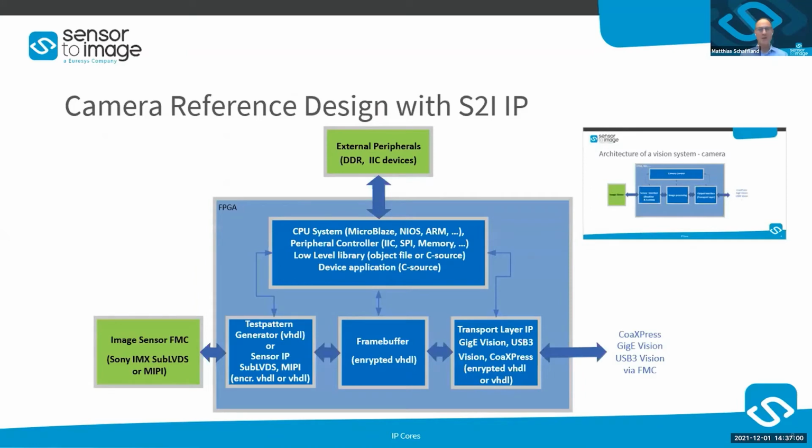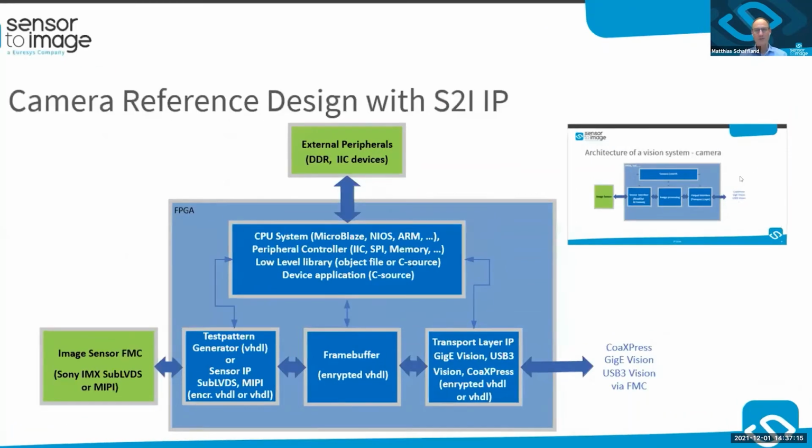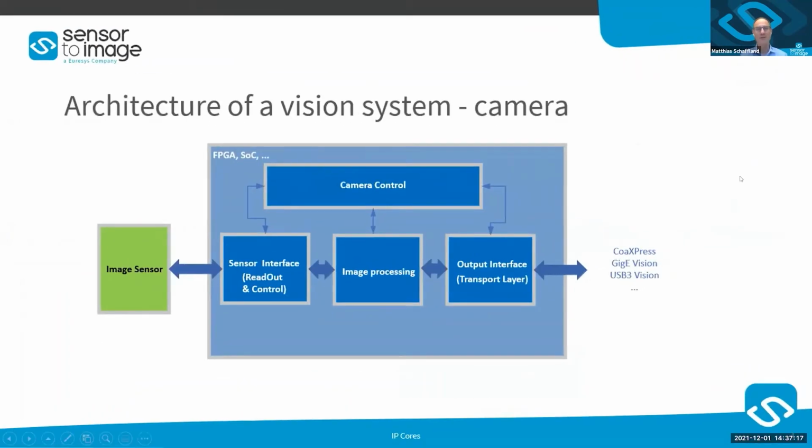How a typical reference design looks like if you go with an S2I IP core. Here I have a block diagram of a reference design, and on the right side on the top, just as a reminder, this was the typical architecture of a camera system.